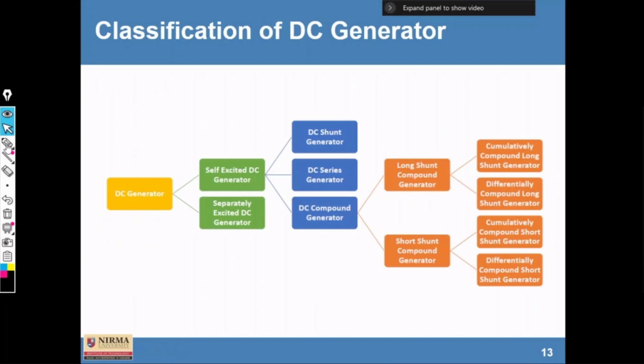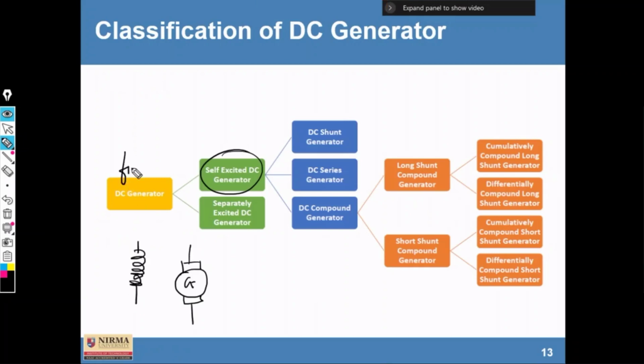DC generators are again classified based on the excitation system, that is, a self-excited system. Here, the symbol diagram, suppose it is a generator, looks like this, and this is the symbol of the field winding.